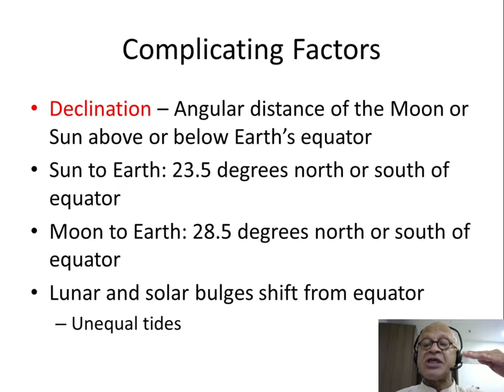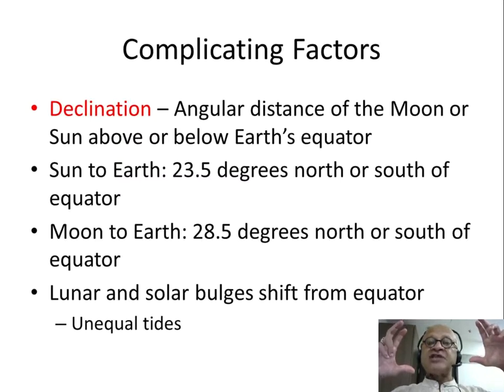So you're going to end up with 23.5 plus 5 and then minus 23.5 plus 5. So the full range of the declination of the moon will turn out to be 28.5 degrees north and south of the equator, which means these nice bulges we showed on either side of the Earth are not going to be valid anymore.